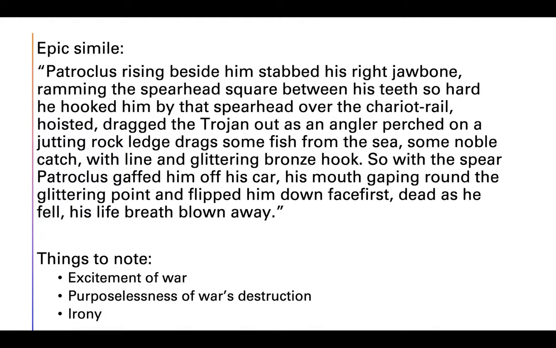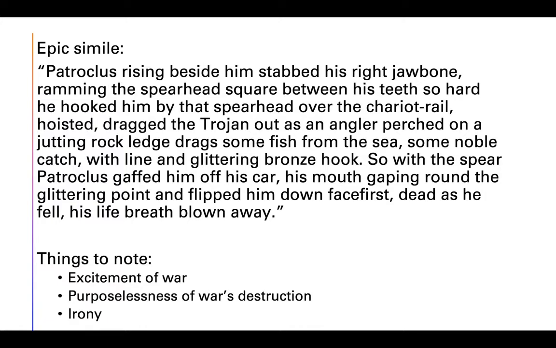And then one other thing that you might keep in mind is, if you think about the content of this simile, Patroclus stabbing this man in the jaw, we might be able to picture it if we've seen movies about this period of history, or if you've played video games and you've seen this kind of action depicted on screen.